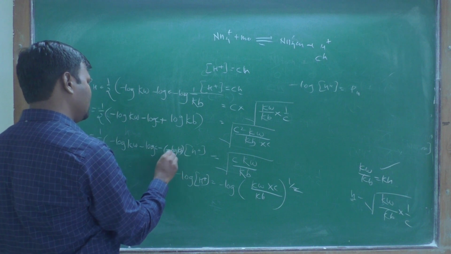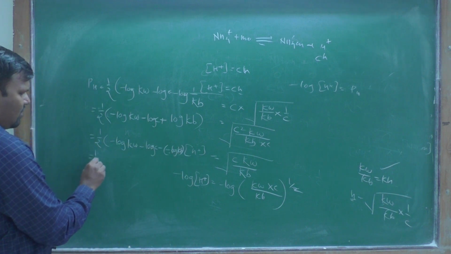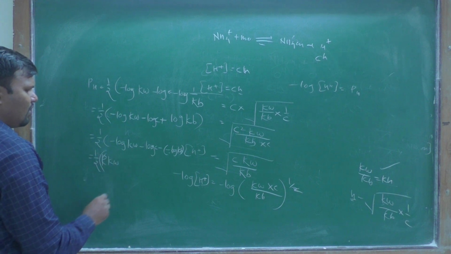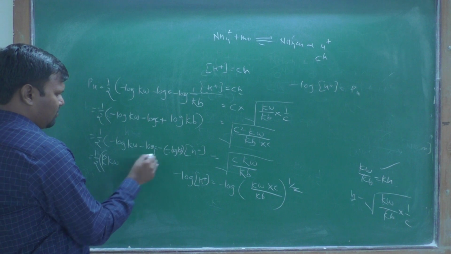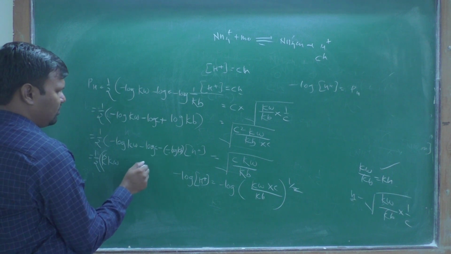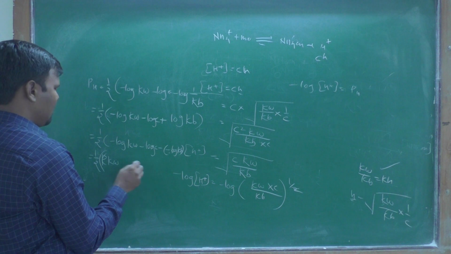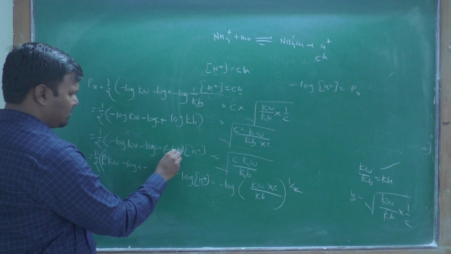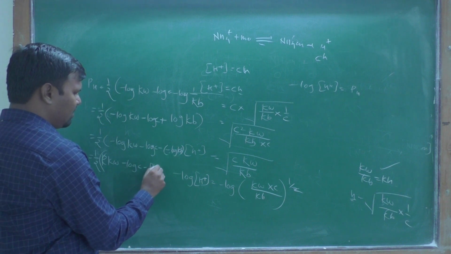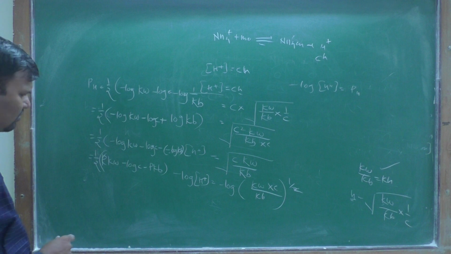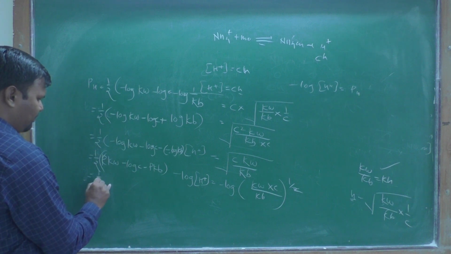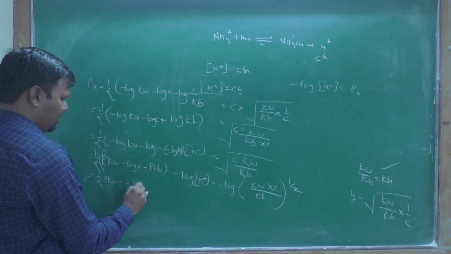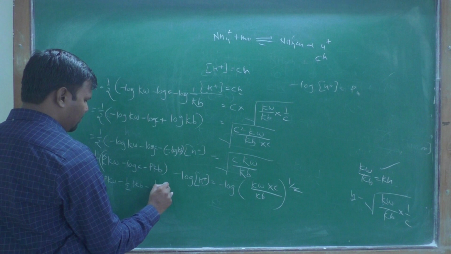We are interested in the minus log Kb. Minus log Kw is the pKw, minus log C as it is, and minus log Kb means the pKb. Therefore, 1/2 pKw minus 1/2 pKb minus 1/2 log C.